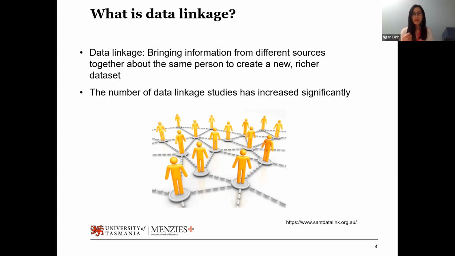And as you can imagine, data linkage provides researchers with a comprehensive range of information as data are collected from different sources. And recently, the number of data linkage studies has increased significantly, including studies focusing on chronic diseases, especially diabetes.